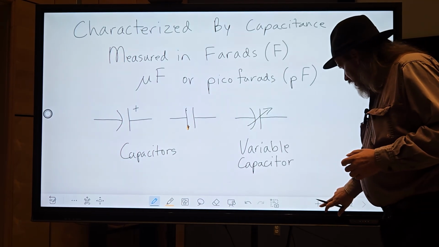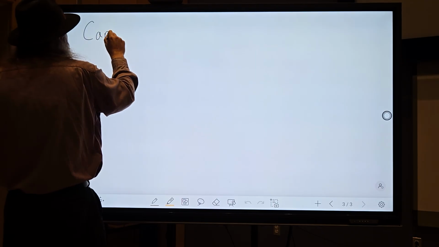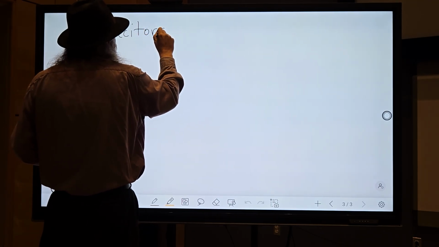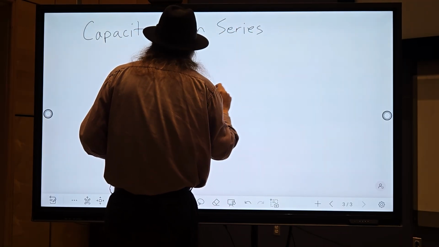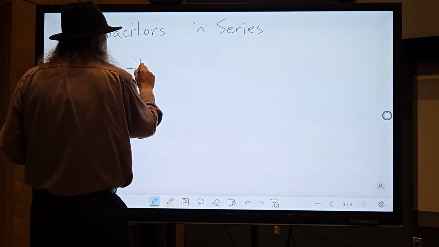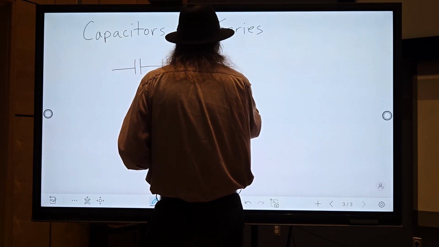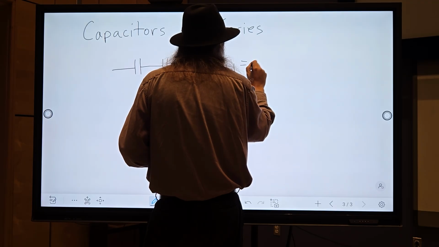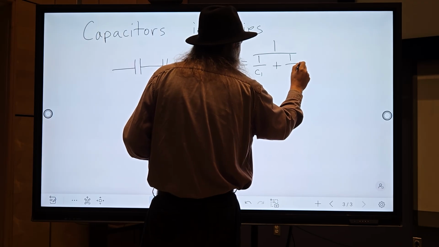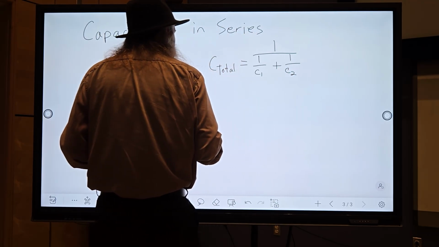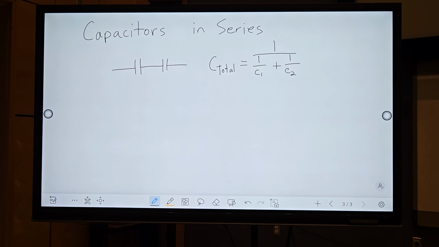Now, a few formulas, kind of like the resistor. If you have two capacitors in series, you do not add them together. It is similar in nature to the resistors in parallel formula.